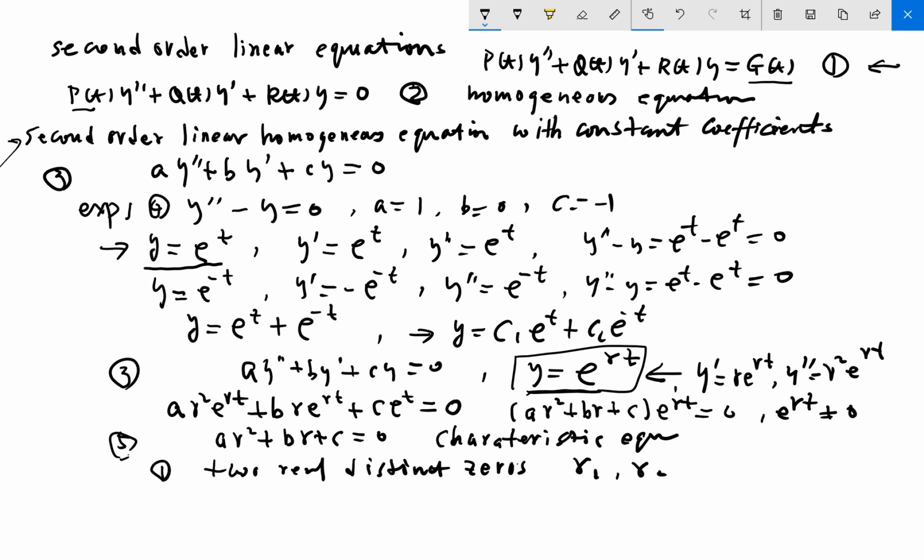They are not equal. The second case, you get one repeated zero, say r. The third case, you get two complex zeros.